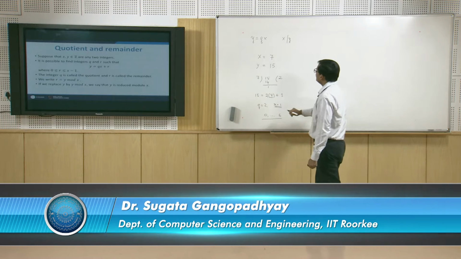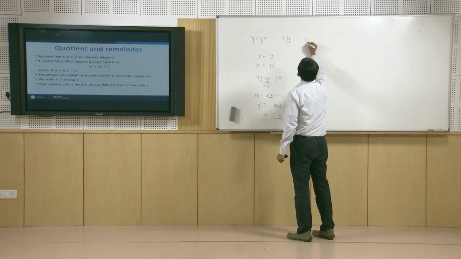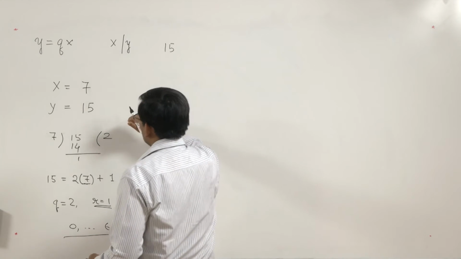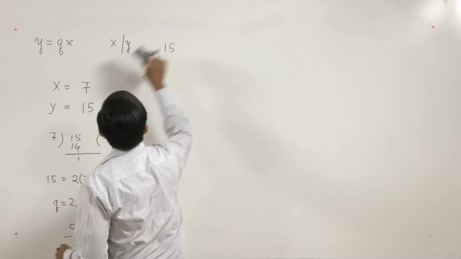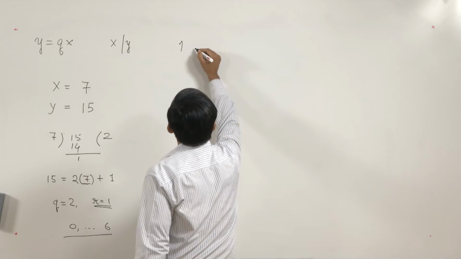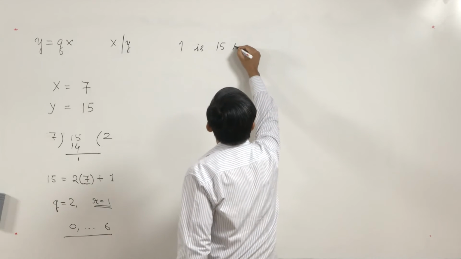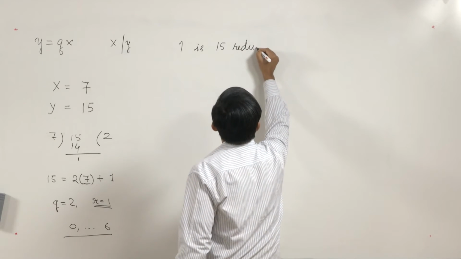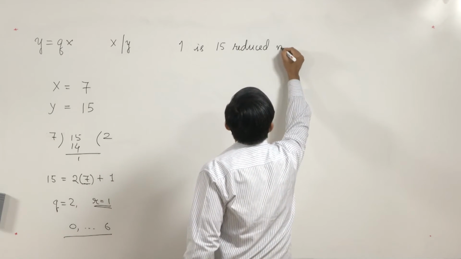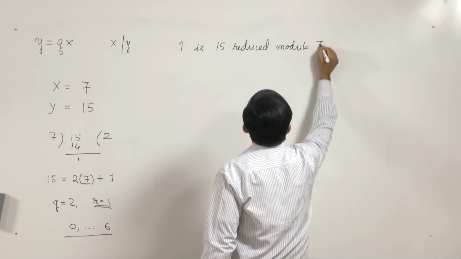Here in this example, 1 is 15 reduced modulo 7.